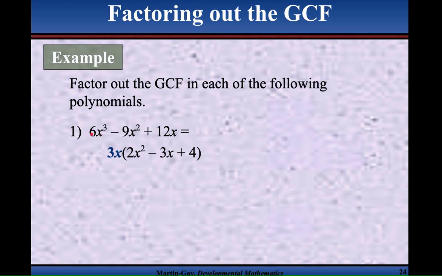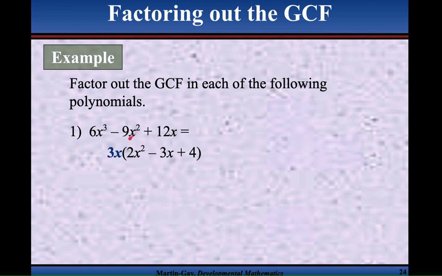When I do that, I take the 6, divide it by 3, and get the 2. I have 3 x's, and I'm really subtracting 1x, so I'm left with 2 x's. I take my 9, I'm just bringing my sign over. I take my 9, divide it by 3 to get the 3.